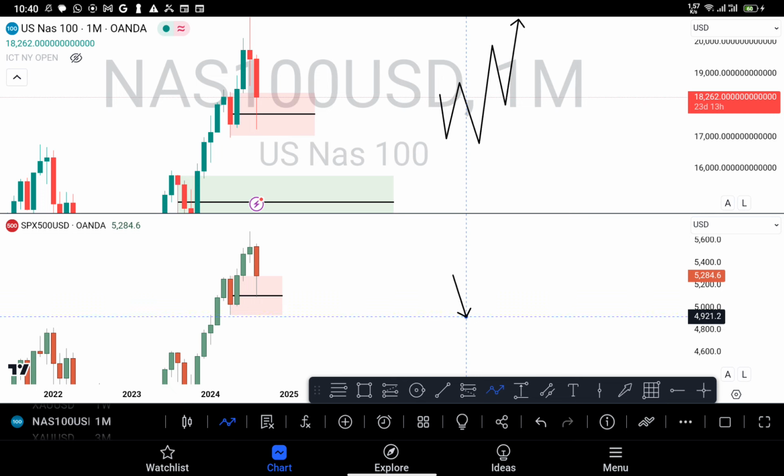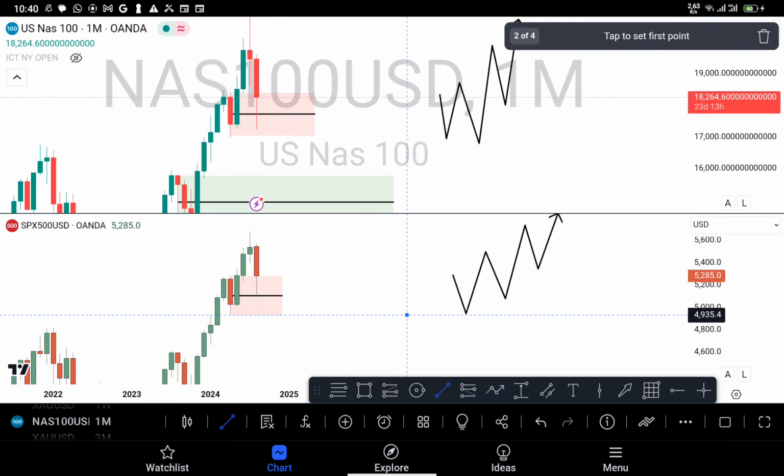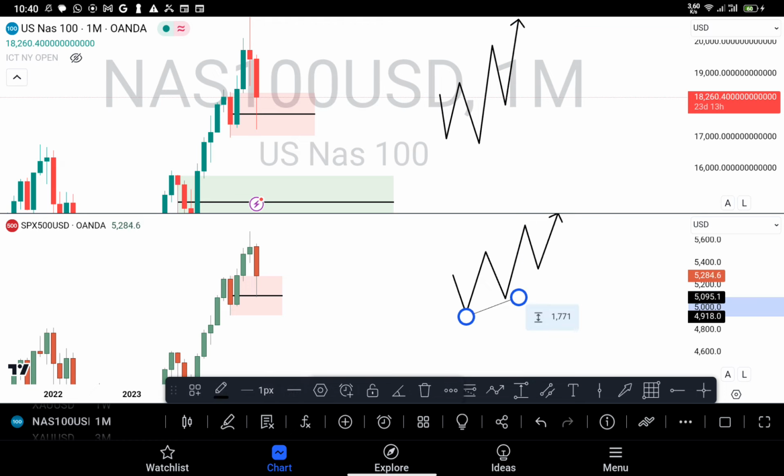At the same time, when there's divergence, let's say S&P 500 will also form the same setup, but usually it may form something like this, or this will be vice versa. And then you see this one failed to make a lower low here, and then this one made a lower low.